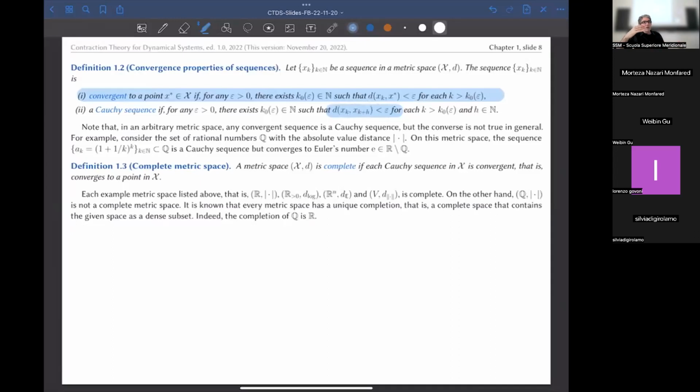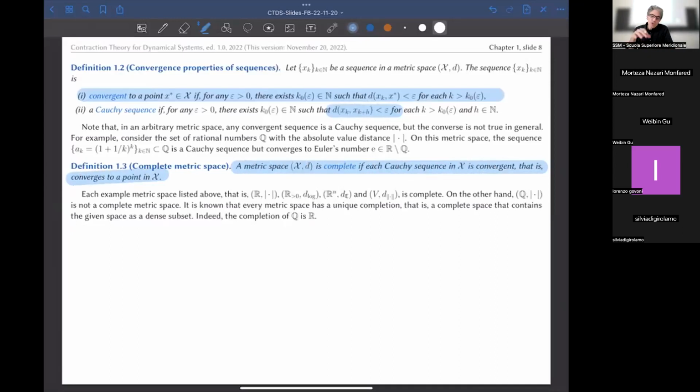And famously, if you have the set of rational numbers, you may have Cauchy sequences, but it's not complete. And the completion of the set of rational numbers is the set of real numbers. The set of real numbers is now complete. All right, perfect. So the metric space is complete if each Cauchy sequence is convergent, which means it converges to a point, which means there exists a point to which the sequence converges.